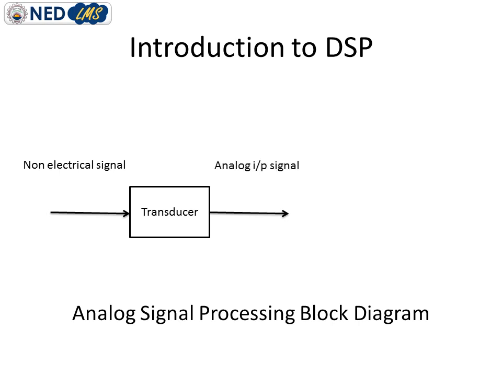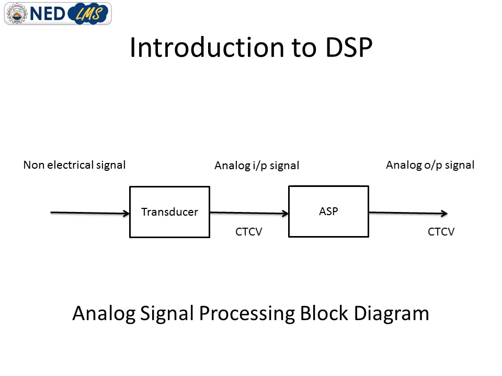Now this input signal is applied to an analog signal processor, which is a system, and this analog signal processor will convert this analog input signal into an analog output signal. That is, this ASP block processes this input signal and extracts the meaningful or desired information from this input signal, and we will get an analog output signal.